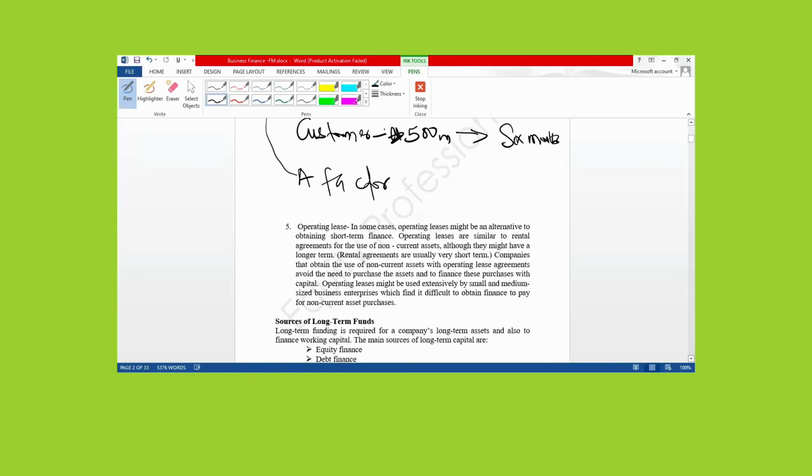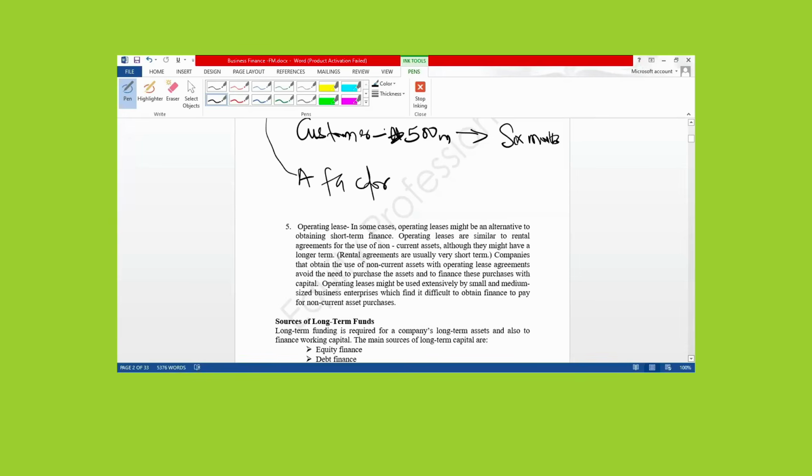Companies that obtain the use of non-current assets with operating lease agreements avoid the need to purchase the assets outright and to finance the purchases with capital.